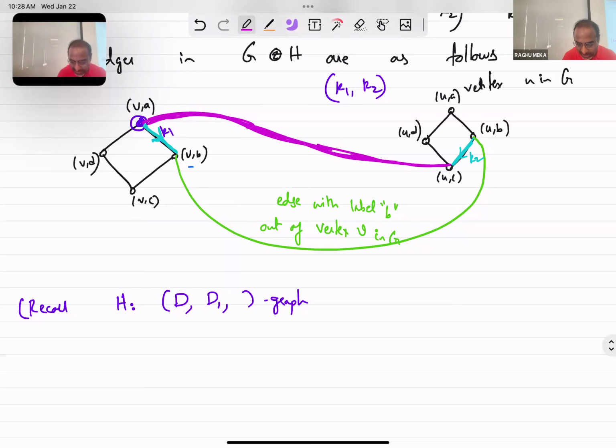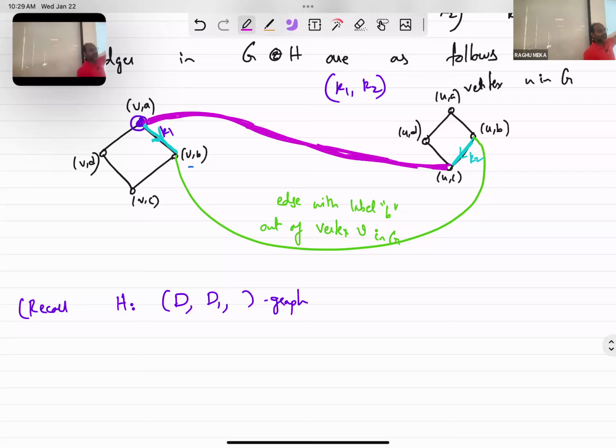So this is the edge that you add. You don't keep any of the original edges, you just add these edges. So one K1, one across, one K2, and wherever you end up, you connect them.